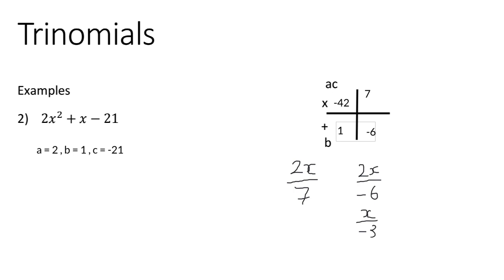Once I've double checked if I can simplify anything any further, which I can't, it's time to summarise in the brackets. So my first bracket is going to be 2x plus 7, and my second bracket is going to be x subtract 3. And that is us factorised 2x squared plus x subtract 21.